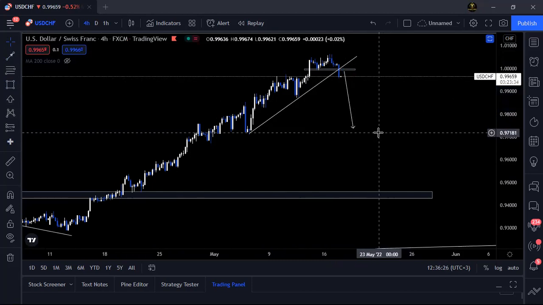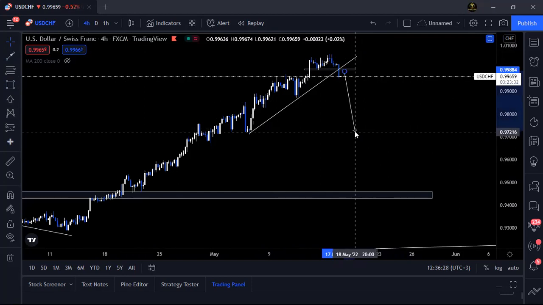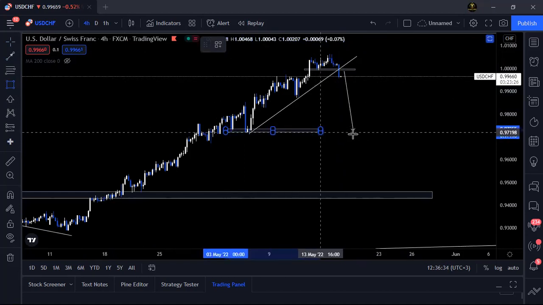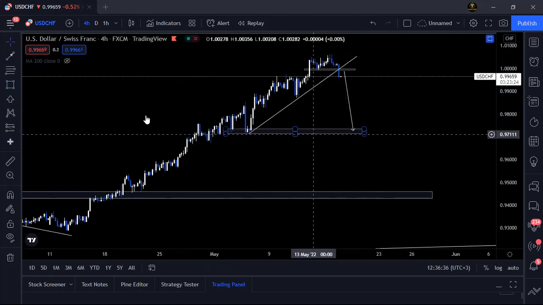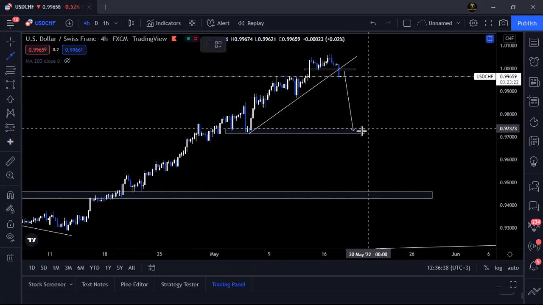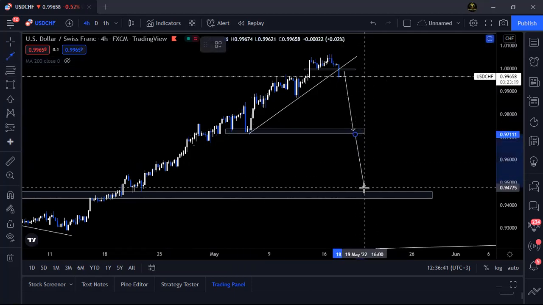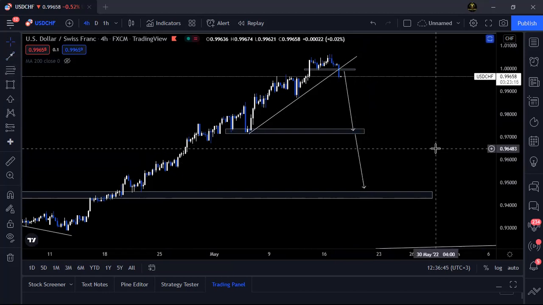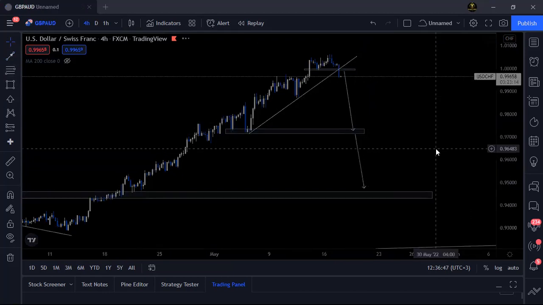Obviously, this will be my first target because this is where the trend started. And if prices do manage to break below here, then I'll be anticipating to see if prices will be able to push all the way down to around 0.95. That's what I'm anticipating on USDCHF.